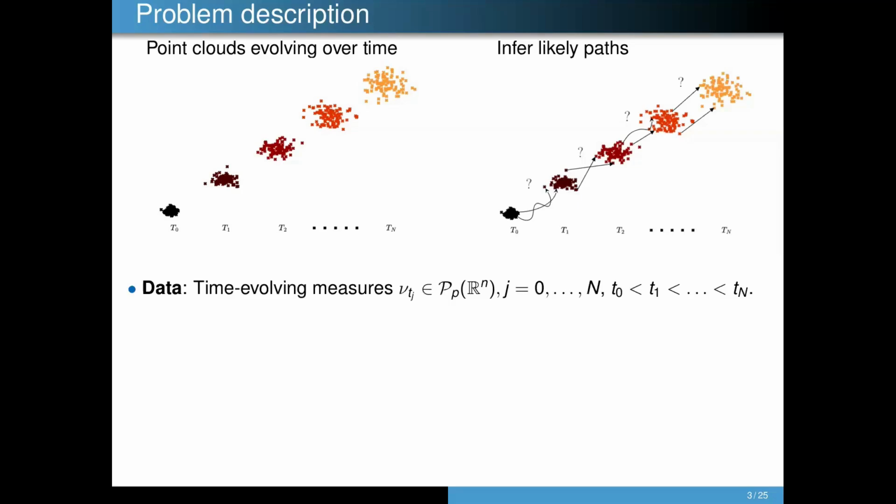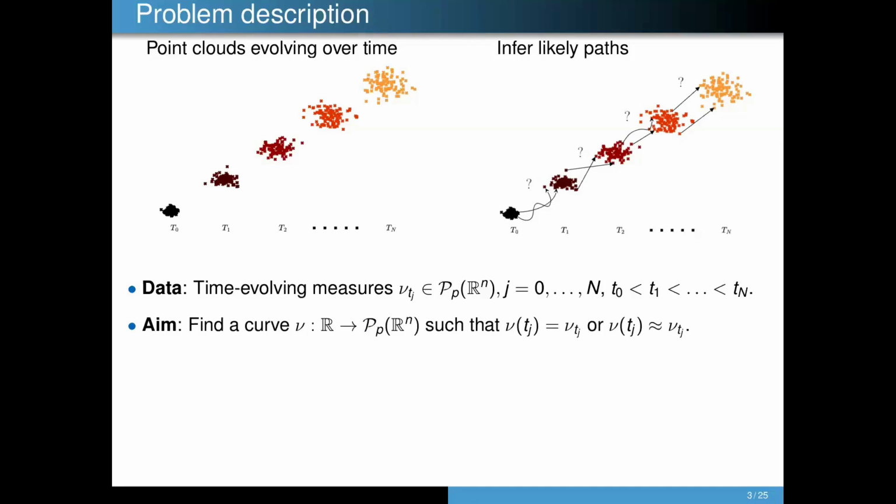Okay, so the setup is the following. You have time evolving measures. So the space P sub P is the space of all measures with finite pth moments supported on Rn. And then you observe a finite amount of time steps. And they are ordered in time, right? So you have a time ordering. And then the question is, find a curve, so continuous time parameter, that either interpolates the given measures or approximates them.